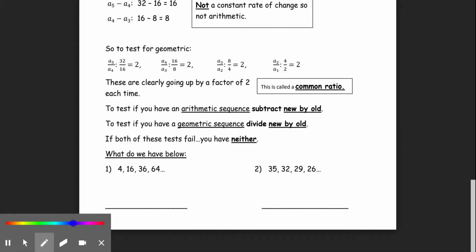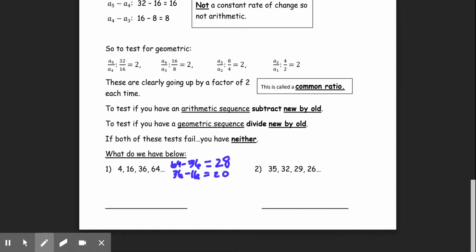So I can go and start with 64 minus 36, which is 28. And then I can take 36 minus 16, and that's 20. So it's clearly not going to be linear.